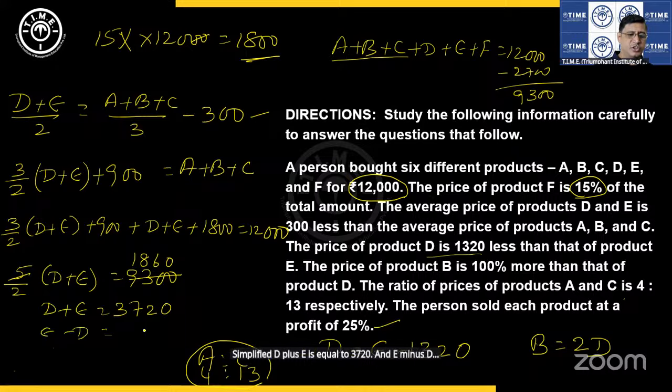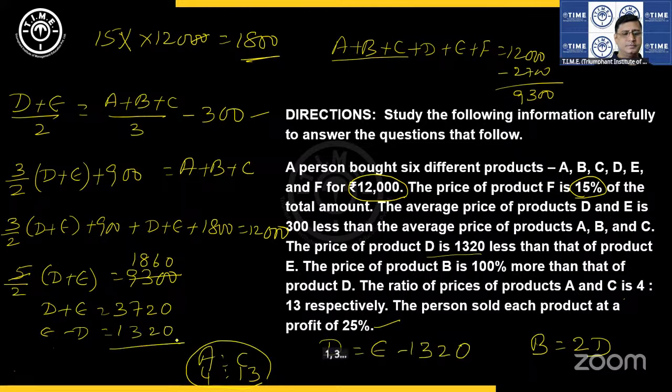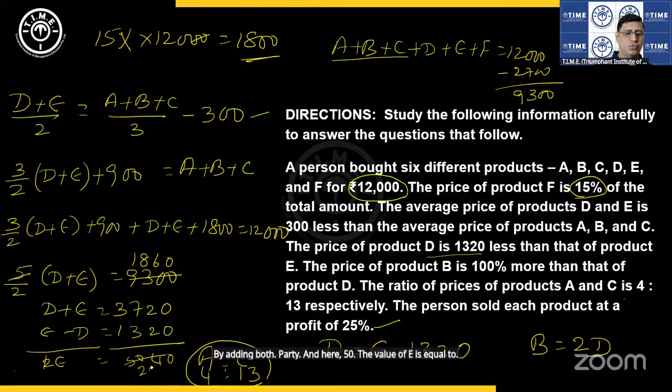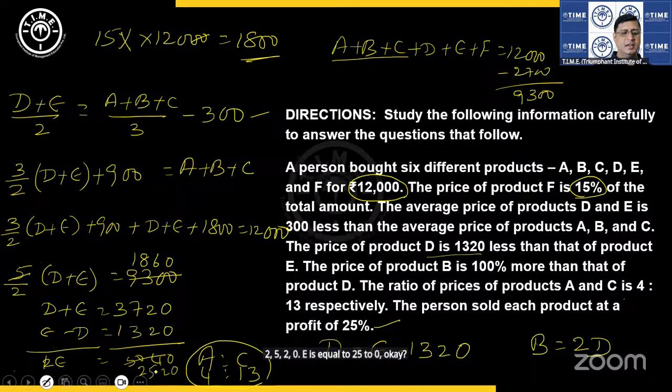And E minus D is equal to how much? 1320. Simplify. What is the result? D gets cancelled. 2E is equal to, by adding both equations, the value of E is equal to 2520. E is equal to 2520. Okay. E is 2520 means what about the D value?